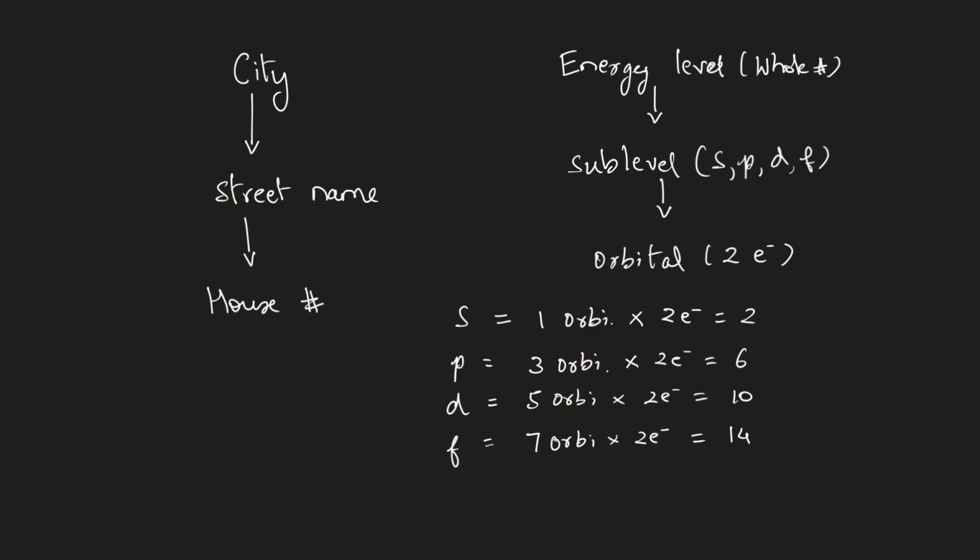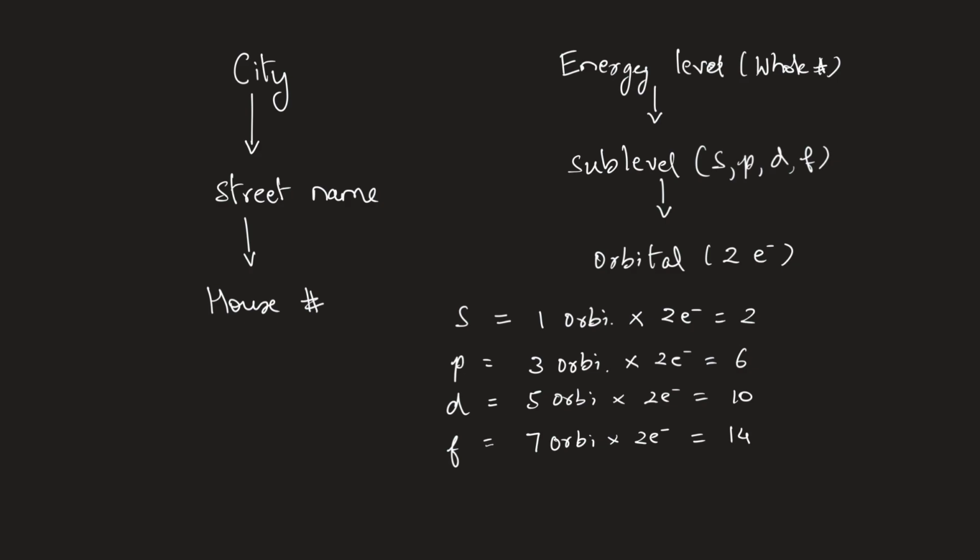These numbers are the maximum number of electrons that each sublevel can hold. So the s sublevel can hold 2 electrons, p sublevel can hold 6 electrons, d can hold 10, f can hold 14.